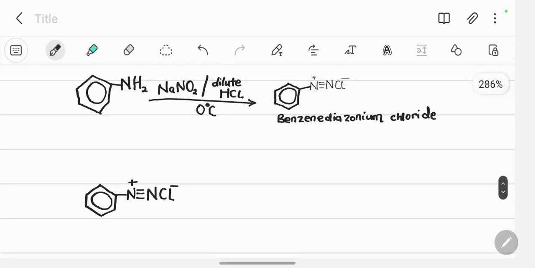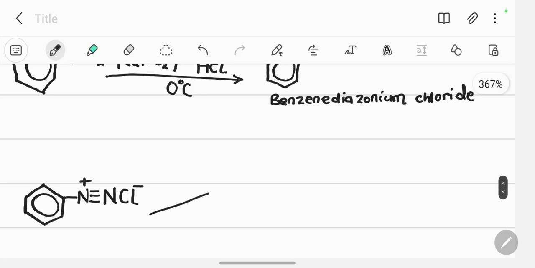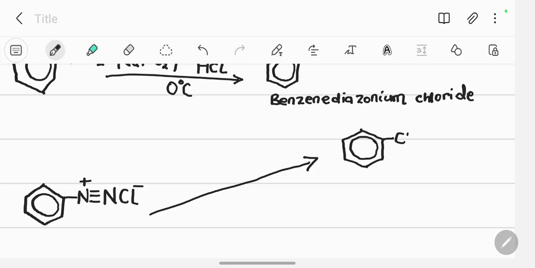So start by preparing chlorobenzene. So my chlorobenzene is there. These are going to be the conditions and the reagents needed: copper bromide, or copper 1 bromide, and concentrated hydrobromic acid.